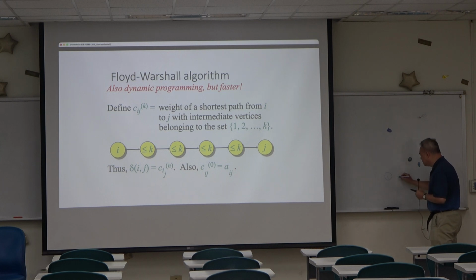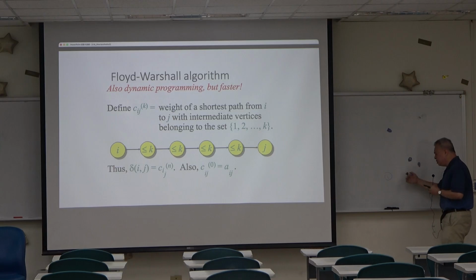Because from node I to node J, obviously, on many occasions you may have intermediate nodes to go through, right? So now we confine these intermediate nodes.